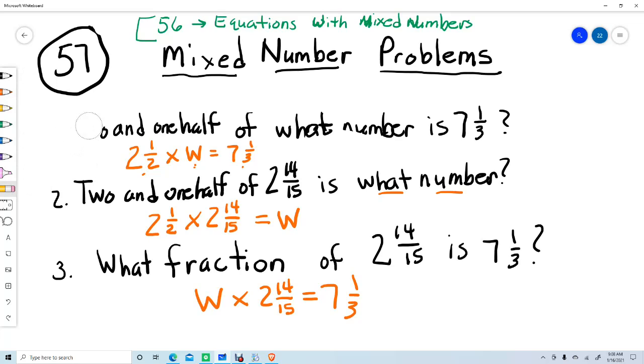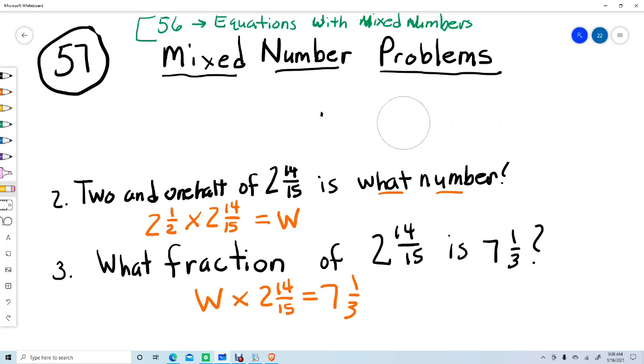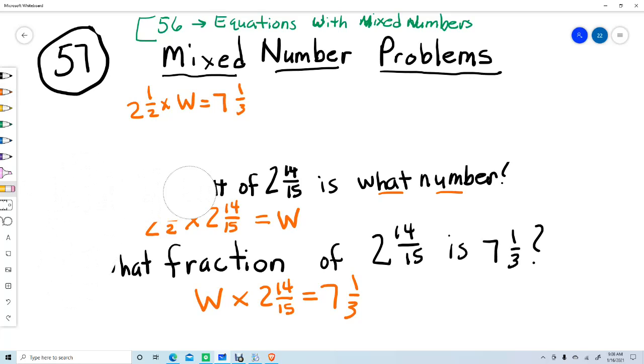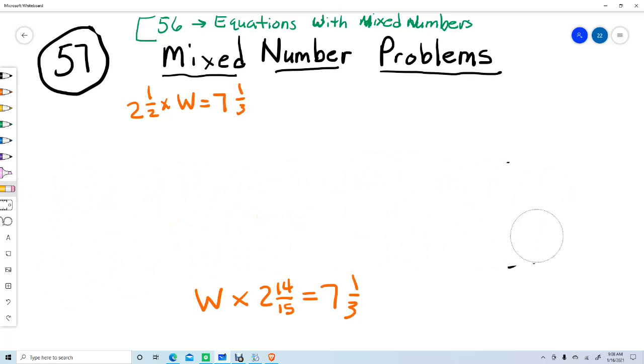2 1/2. I'm going to erase 7 1/3. I'm going to erase this whole thing. 2 1/2 times what number is 7 1/3? Give myself some more room. Because these are so similar to problems you've already done, hopefully you'll catch on quickly.